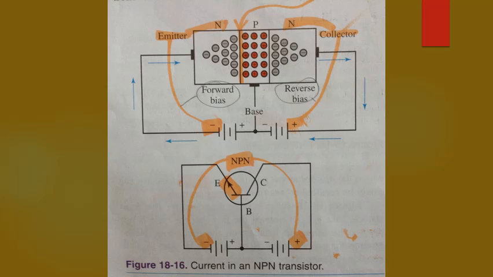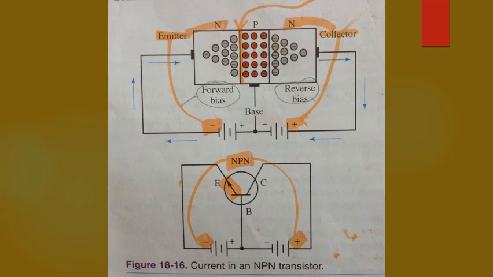Electrons enter the emitter from the negative battery source and flow toward the junction. The forward bias has reduced the potential barrier of the first junction. The electrons then combine with the hole carriers in the base to complete the emitter base circuit.